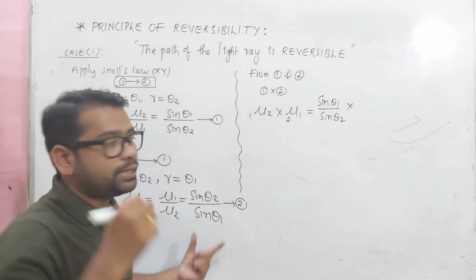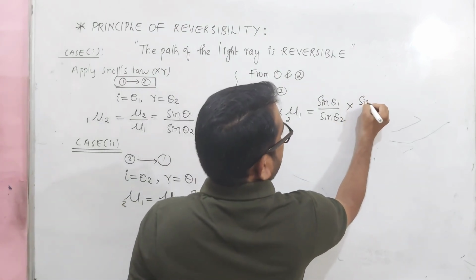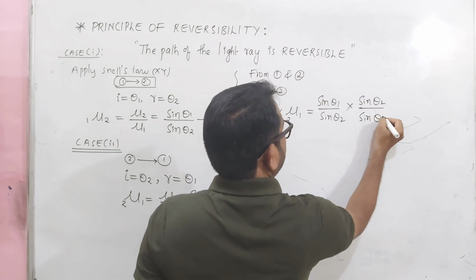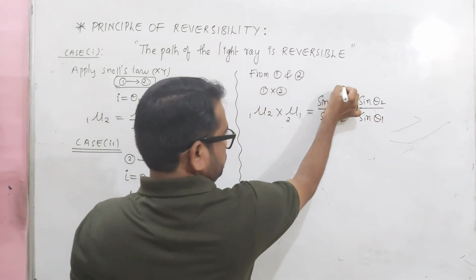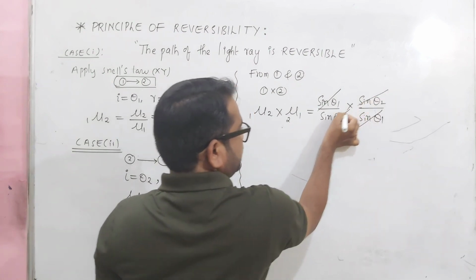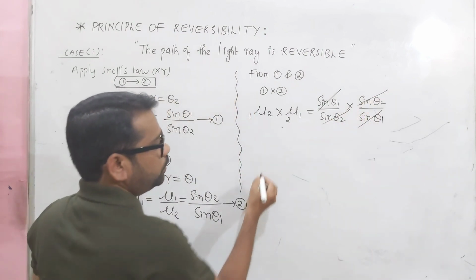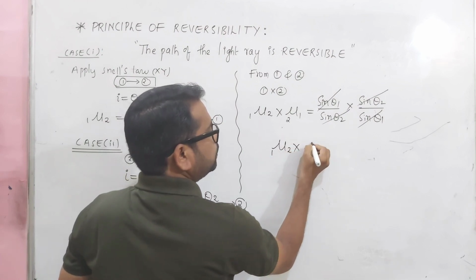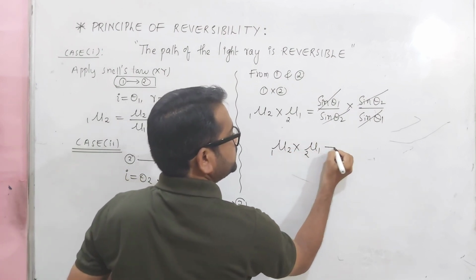Sine theta 2 by sine theta 1. So, if you can see here, sine theta 1 gets cancelled, sine theta 2 gets cancelled. So, here we got mu 2 to 1 into mu 1 to 2 is equal to 1.